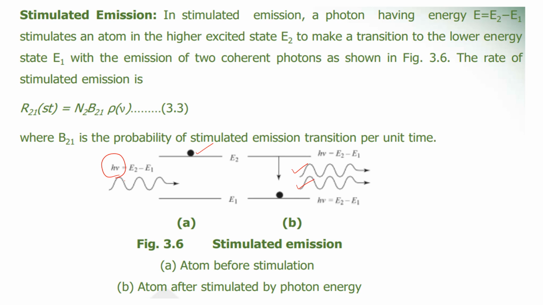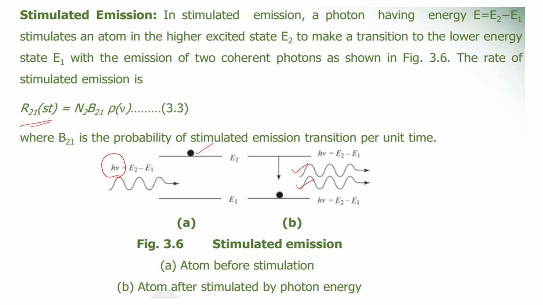This is expressed as R21 St, which is equal to N2 B21 rho nu. N2 is the number of atoms at the E2 energy state, B21 is the probability of stimulated emission transition per unit time, and rho nu is the energy density.